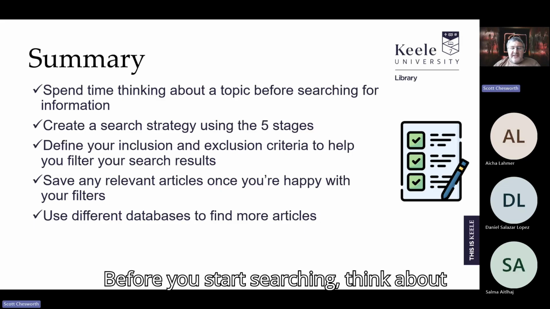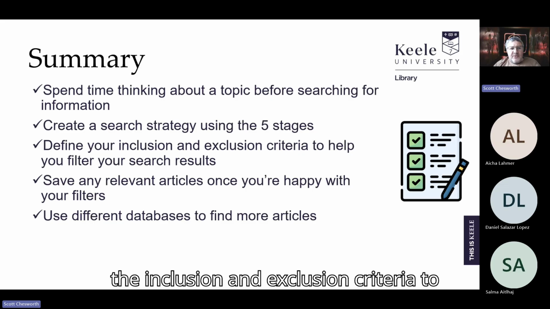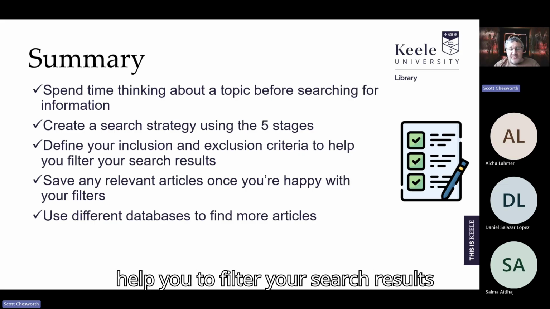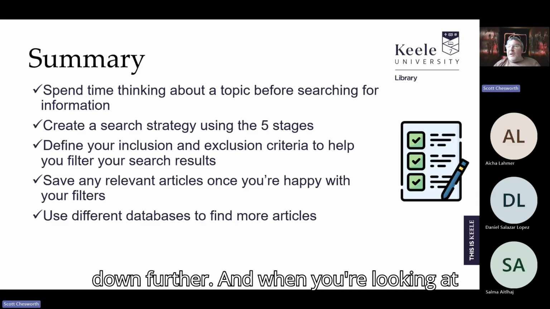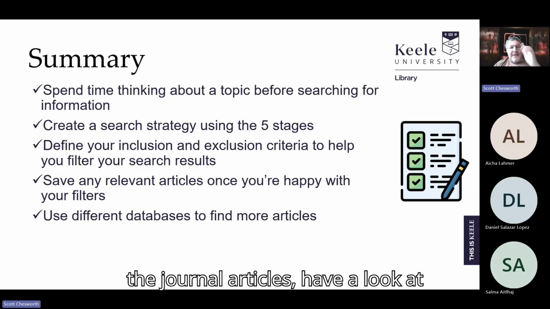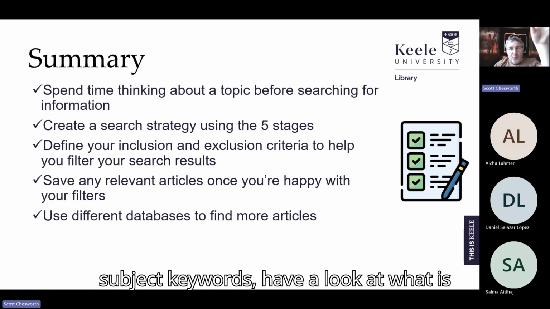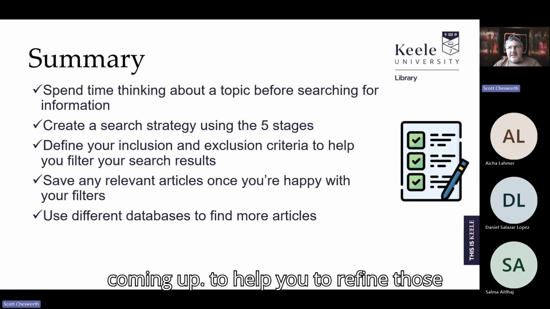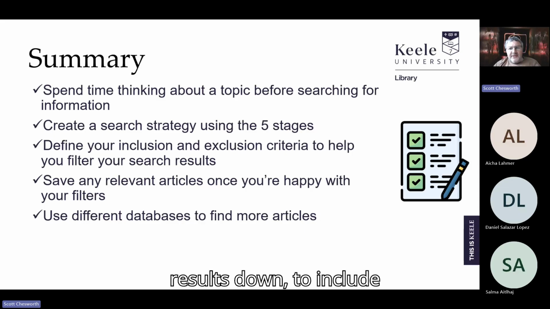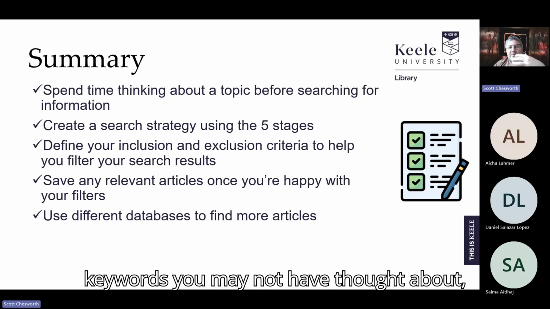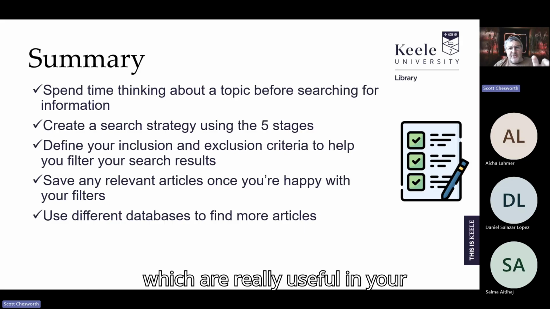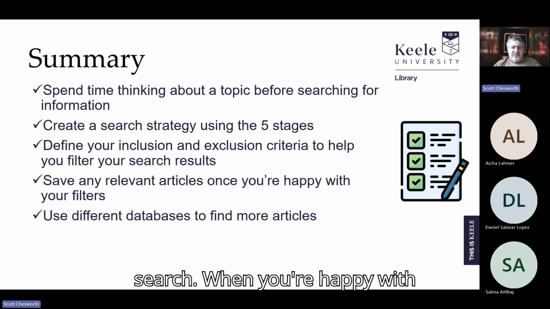Before you start searching, think about the inclusion and exclusion criteria to help you to filter your search results down further. And when you're looking at the journal articles, have a look at subject keywords, have a look at what is coming up to help you to refine those results down, to include keywords you may not have thought about, which are really useful in your search.